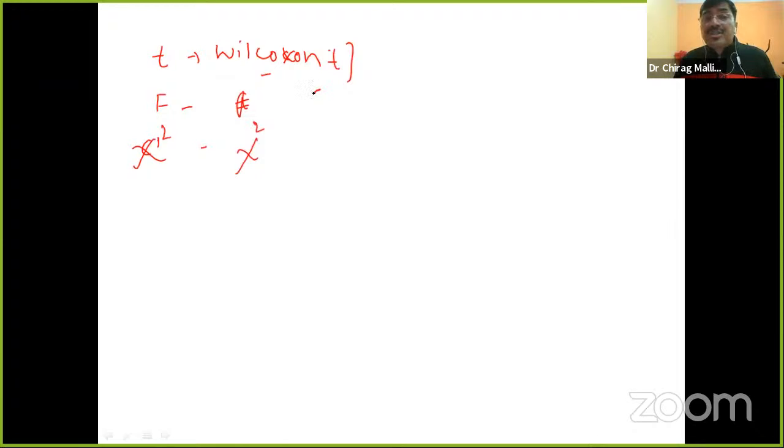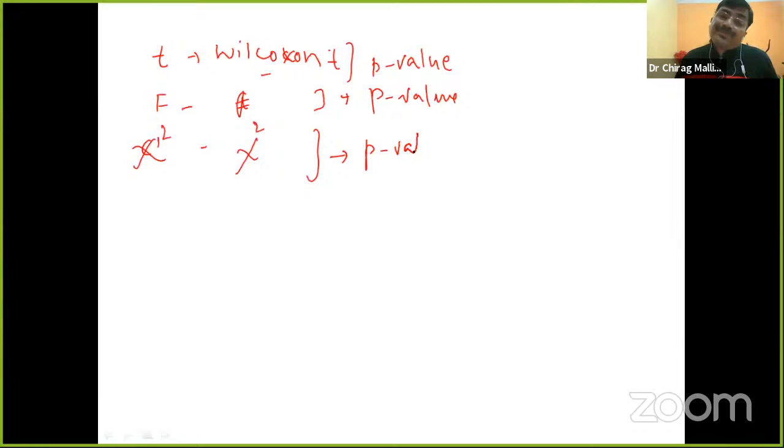But in addition to that, you will also always get the associated P value. This is the beauty of all these software packages, be it MS Excel, R, Python, SPSS or MATLAB. You will also get the P value.